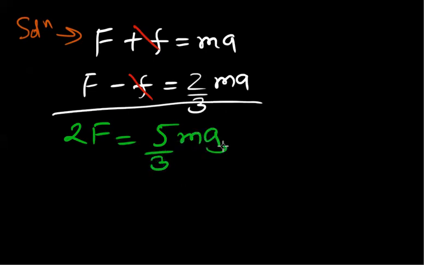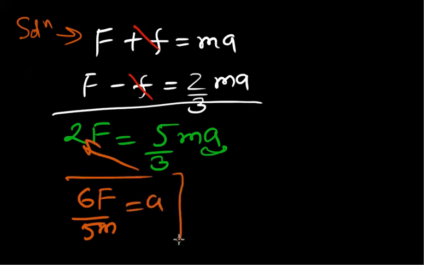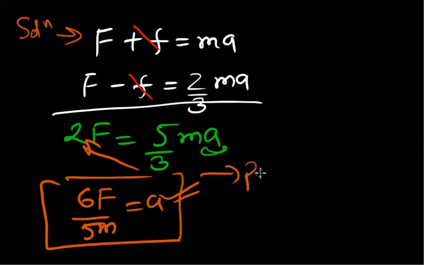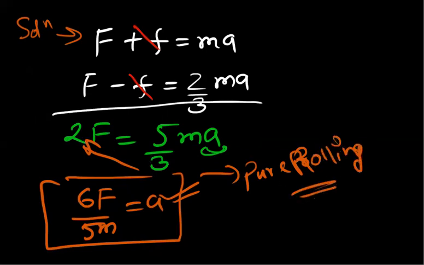So from here we can calculate the acceleration. The acceleration will be 6F by 5m, because of cross multiplication, 3 times 2F gives 6F by 5m. So this is the acceleration of the sphere. The sphere, which in the question was in pure rolling, will have a translatory acceleration of 6 capital F by 5m, which is the required answer, students.